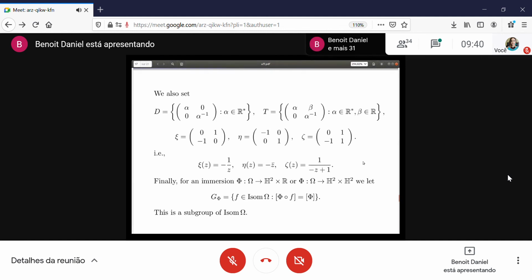Here, the group of intrinsic isometries is the group of isometries of H2. It has dimension 3. But not all of them come from ambient isometries. Actually, only a 2-parameter family come from ambient isometries. For this Abresch-Rosenberg surface, there are some intrinsic isometries that do not come from congruencies, from extrinsic isometries. So this is why this group G phi is important.